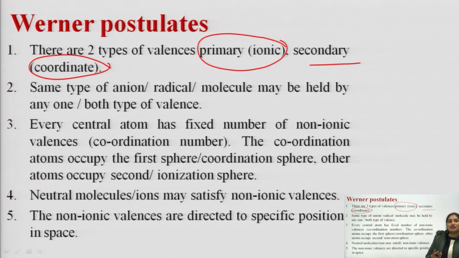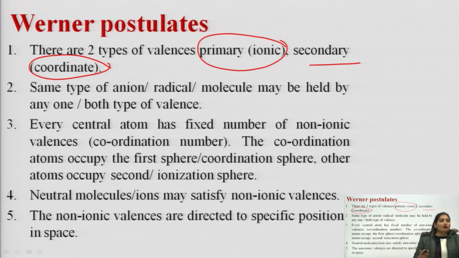The central atom occupies the first sphere or coordination sphere, and other atoms occupy the second sphere or ionization sphere. In case of metal complexes, the metal ion constitutes the coordination sphere, and the other atoms form the ionization sphere.